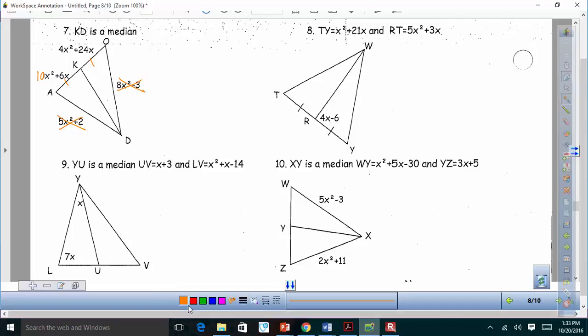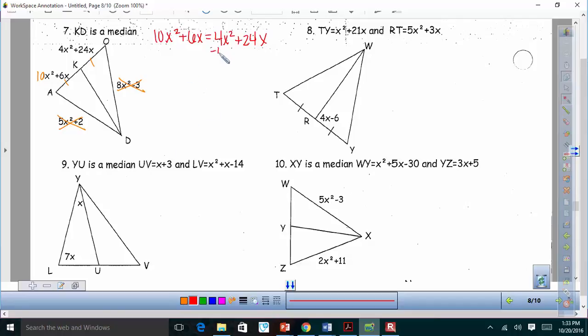Okay, so to solve this, we're going to take these 2 pieces that we know are congruent and set them equal. So this would give me 10x squared plus 6x equals 4x squared plus 24x. We're probably going to have to factor because there's a squared, so we want to put everything where? On one side.